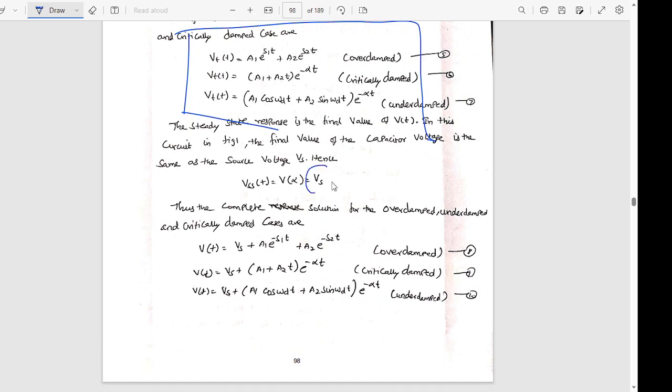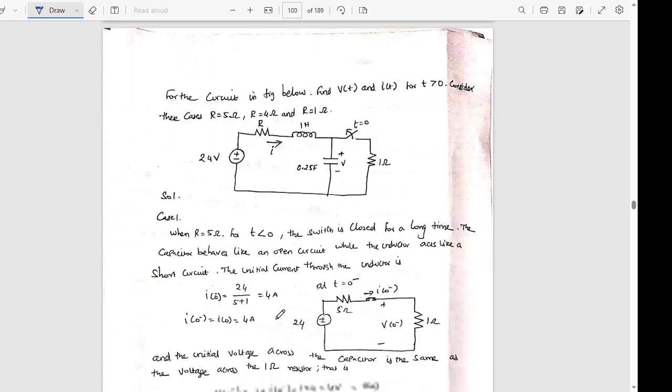I need to add this Vs, the steady state response, along with this formula. So V of t equal to Vs plus a1 e power s1 t plus a2 e power s2 t, and likewise in all the formulas Vs is added. That is the only difference in these formulas. This is the step response of series RLC.